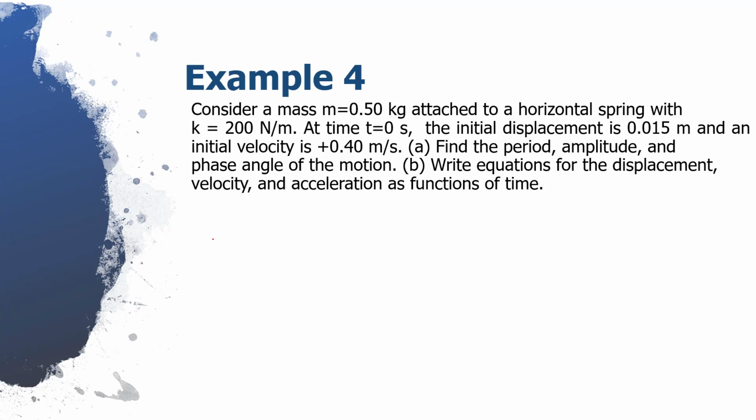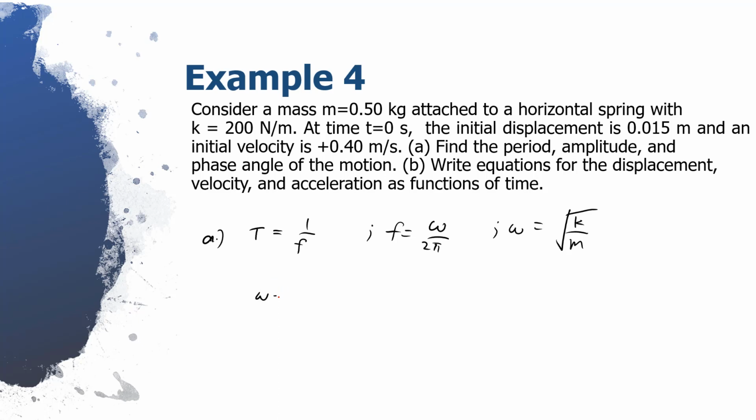So, first we can solve for the period. This period is equal to 1 over frequency, and frequency is equal to omega over 2 pi, and omega is equal to square root of k over m. Once we solve for omega, we can solve for frequency, and we can also solve for period.